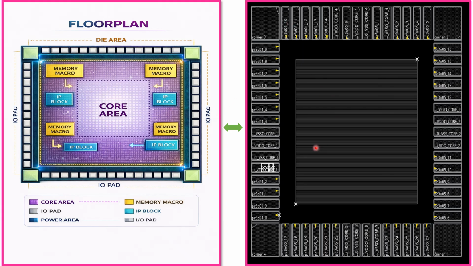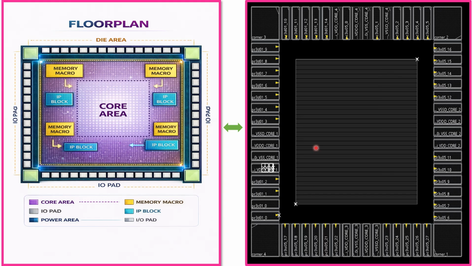After doing all these, the utilization planning is also done in the floorplanning, and the ideal utilization range is 65 to 75%. This utilization is equal to standard cell area divided by core area. Why is utilization important?